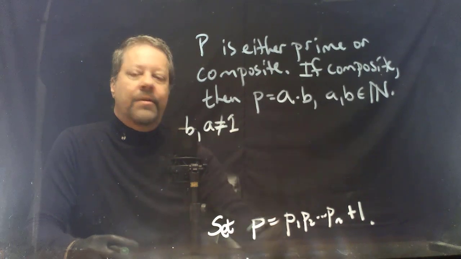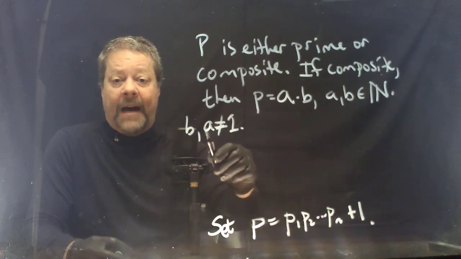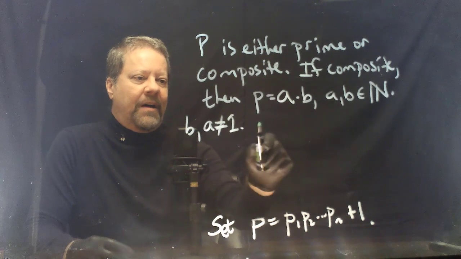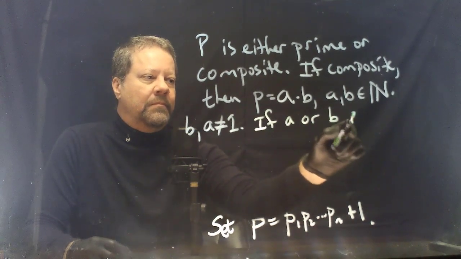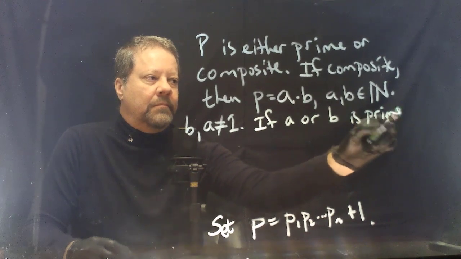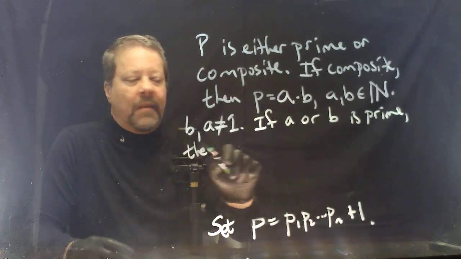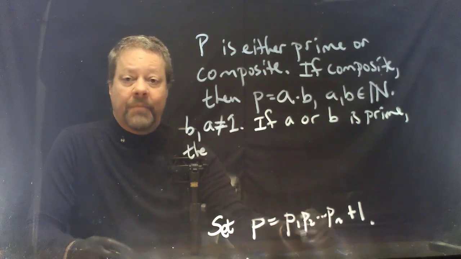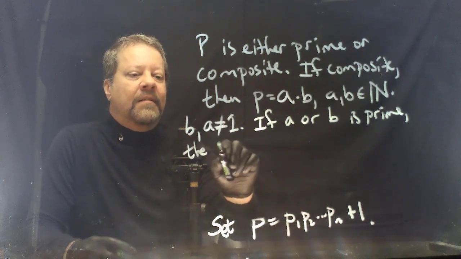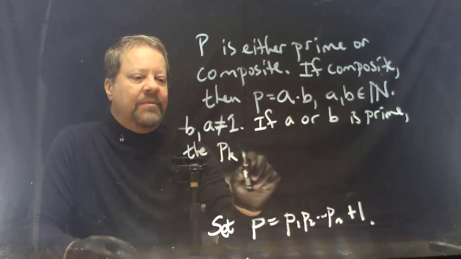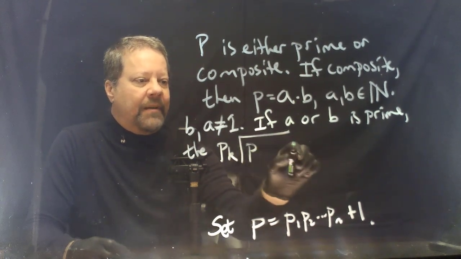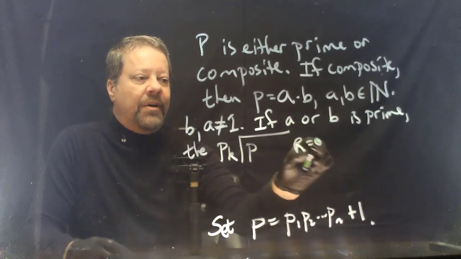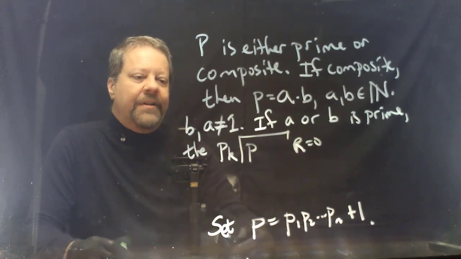They're at least 2. If either a or b is prime, then one of these primes, which is our complete list, Pk, will divide evenly. When you divide evenly into P, it has to have a remainder of 0 when you do the division.